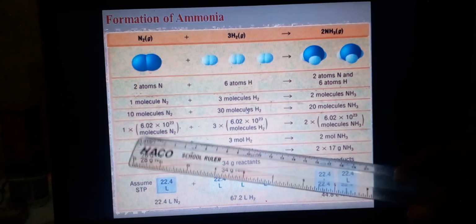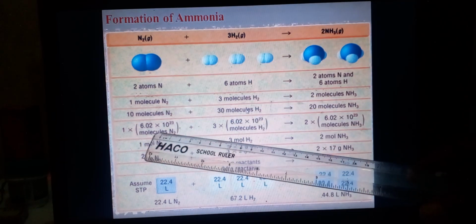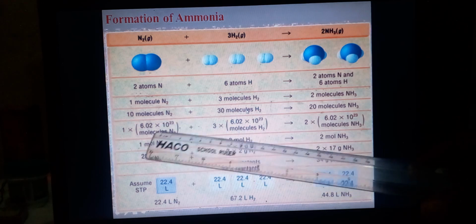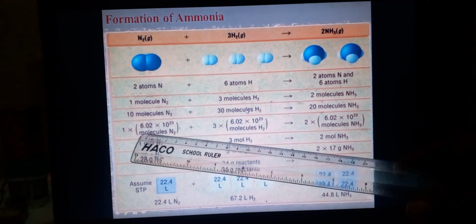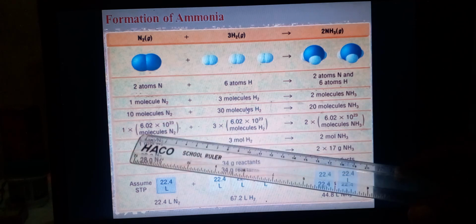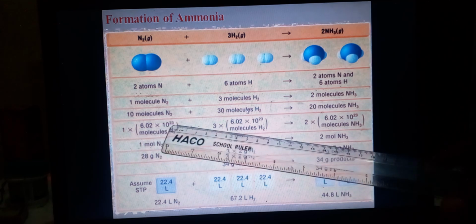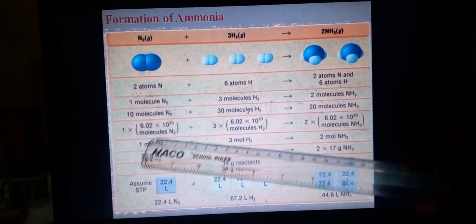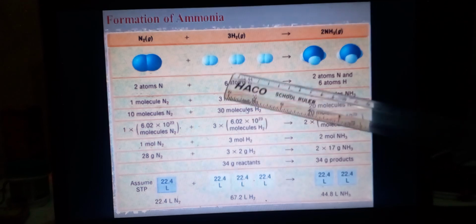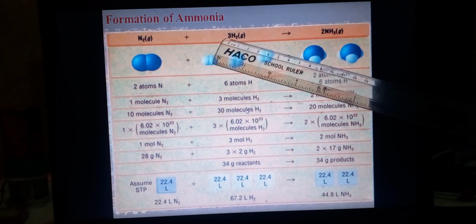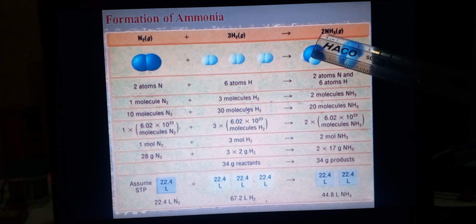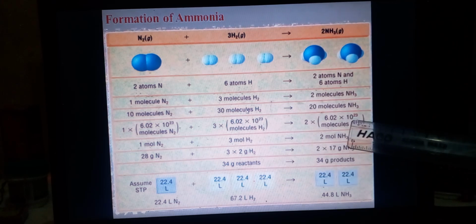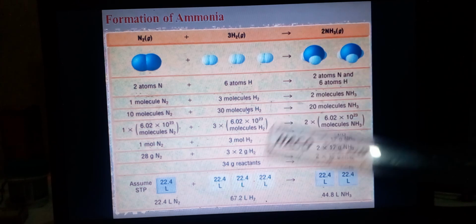So it contains this number of molecules of nitrogen gas in terms of Avogadro's constant. So you take 1, which is 1 mole of nitrogen, times Avogadro's constant, which is normally 6.02 times 10 to the power 23. But now it becomes in terms of molecules. Then for this one you have 3 times Avogadro's constant. Here you have 2 moles, so you take 2 times Avogadro's constant. It will give us this number of molecules in that ammonia.